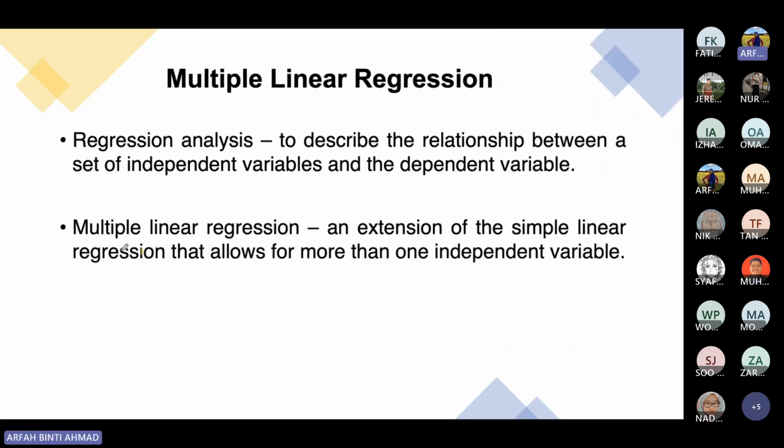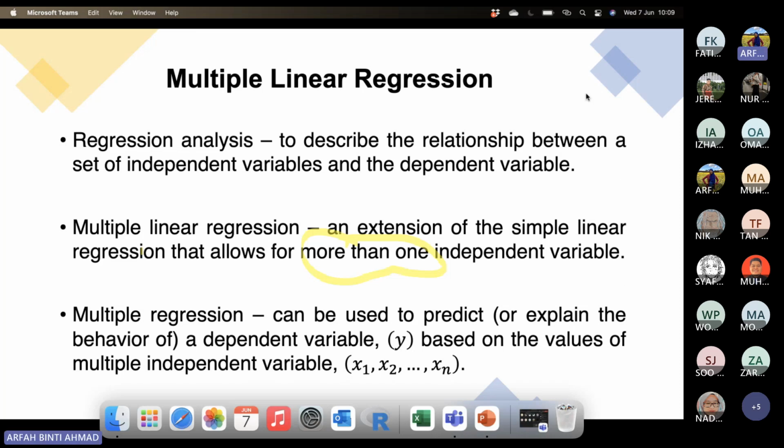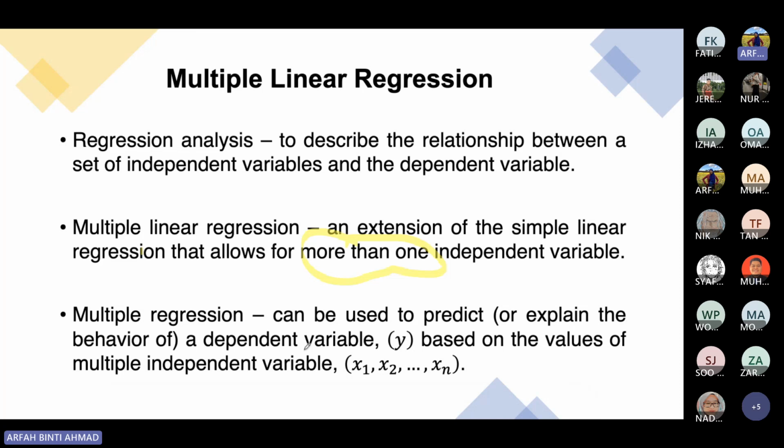So multiple linear regression is actually an extension of the simple linear regression that allows for more than one independent variable. So multiple regression can be used to predict or explain the behavior of a dependent variable y based on the values of multiple independent variables.